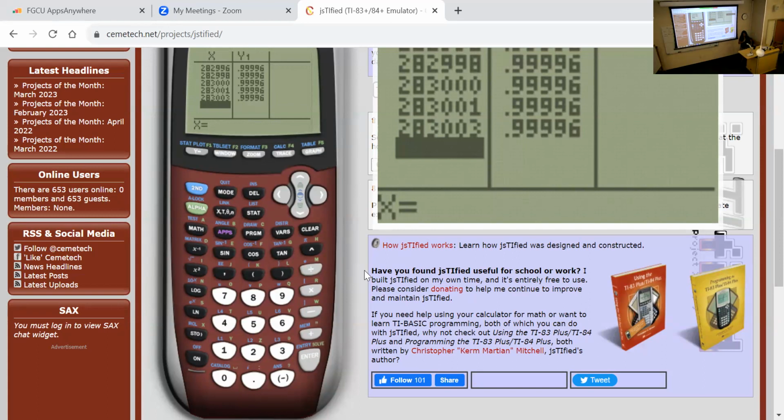Good. So things are approaching a specific number. What number is it approaching? 1. So the limit is 1 as x approaches infinity.